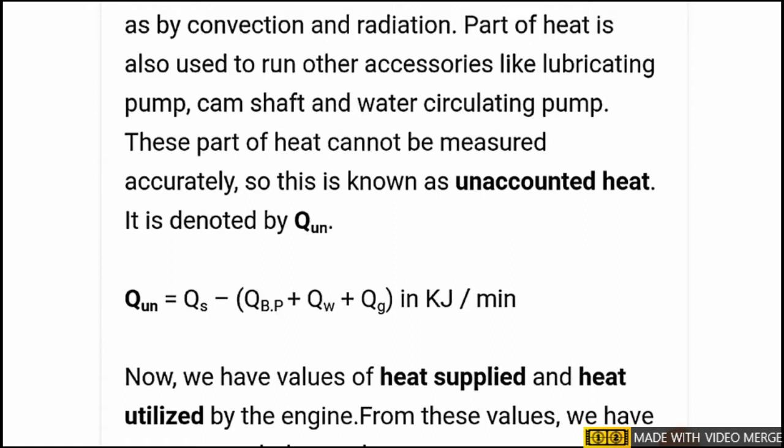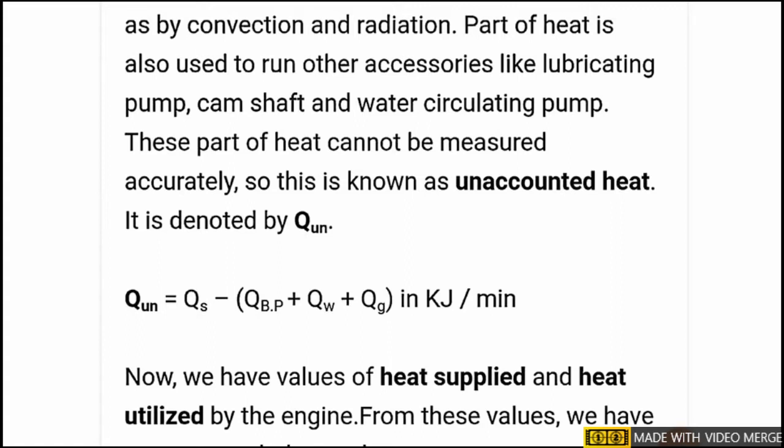So the theoretical formula to find the unaccounted heat is Q suffix S, that is heat supplied, minus the sum of individual terms with respect to heat utilized, such as heat utilized due to BP, heat utilized with respect to water, and heat utilized for the exhaust gases.